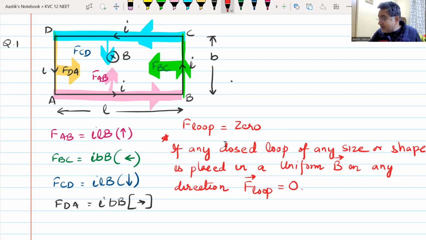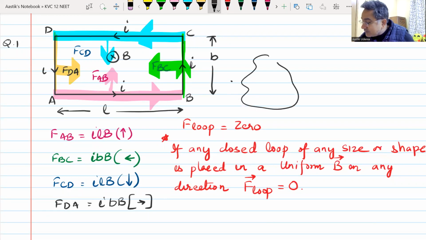A loop of any size or shape, if I place it in a uniform magnetic field, the force acting on the loop would be zero. If my loop is like this, carrying current I like this, and the magnetic field is here like this, the force on this loop is zero.